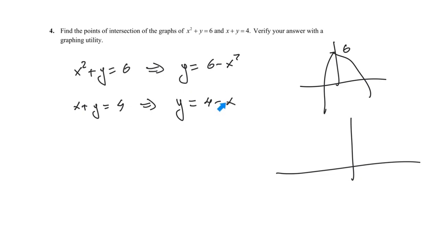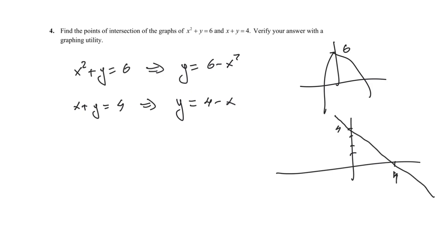And when x is equal to 0, y equals 4. So the equation is 4 minus x, and the intersection with the x-axis happens with x equal 4. When x equals 4, y equals 0. So the rectilinear line is this rectilinear line.